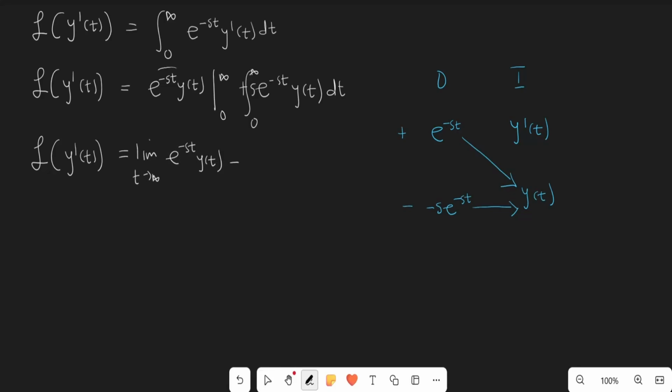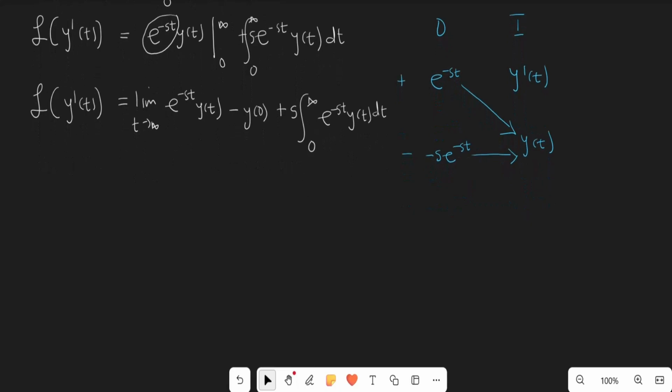This one is going to be 1, because s is positive and the power is 0. So e raised to the power 0 is 1, multiplied by y of 0. Cool. And now I'm going to have plus s, which is a constant in the t world, so I'm going to pull it out of the integral. Then I have the integral from 0 to infinity of e to the negative st, multiplied by y of t, dt.